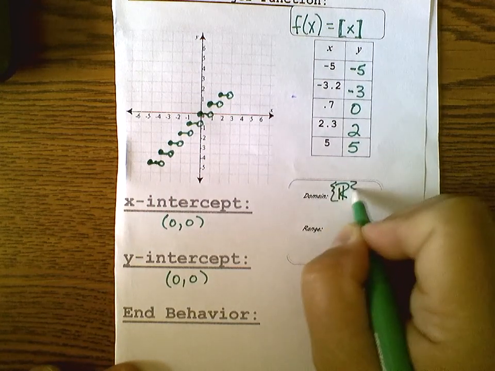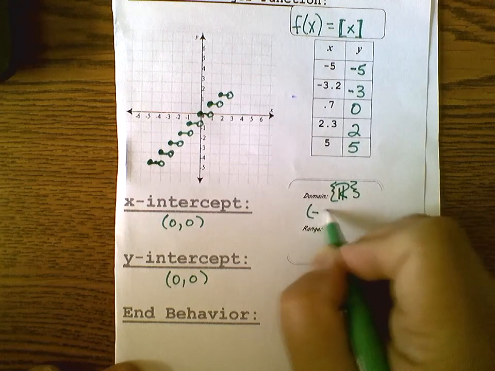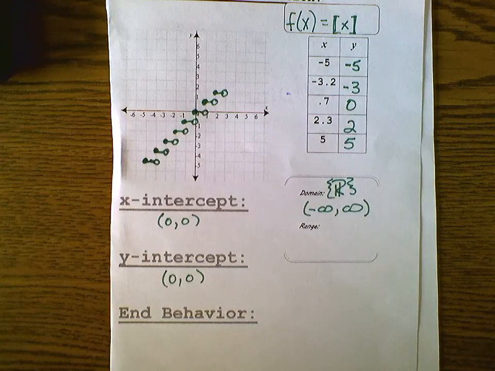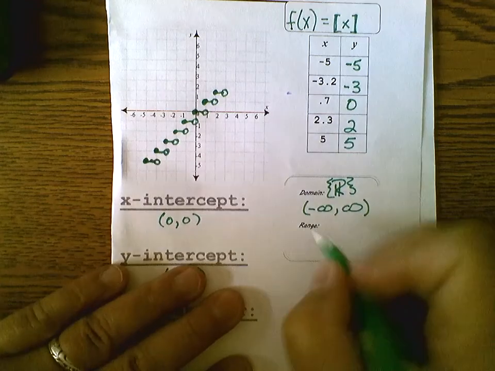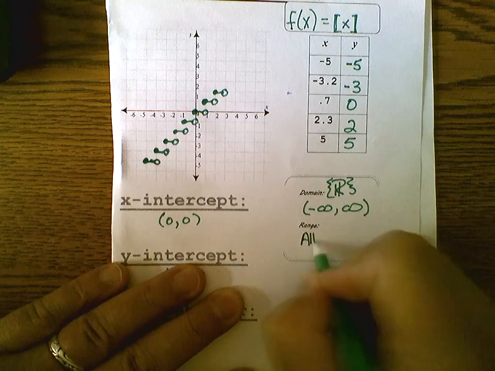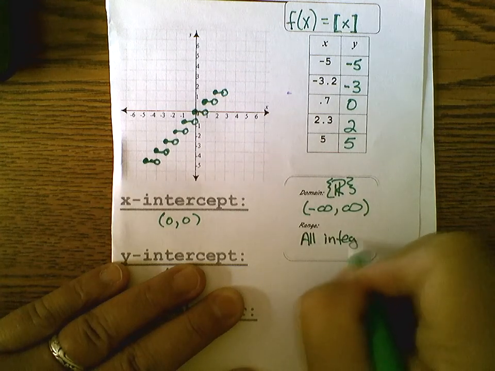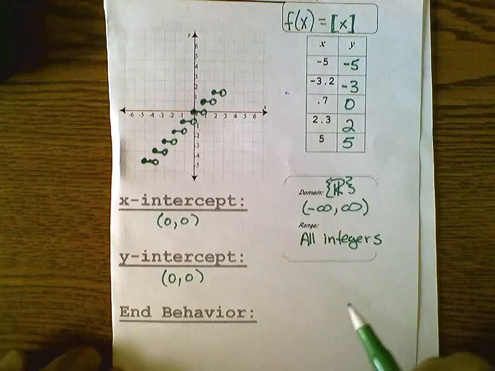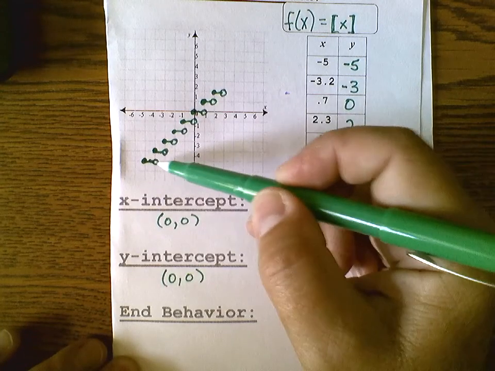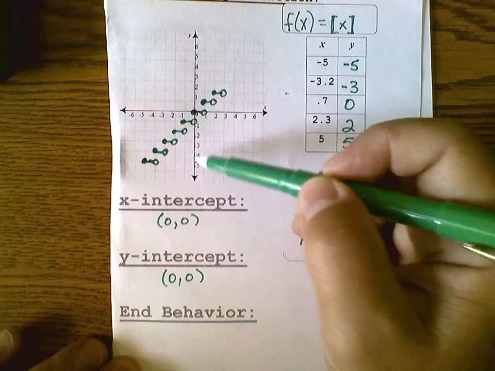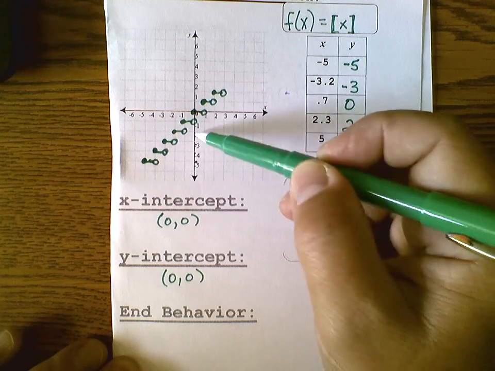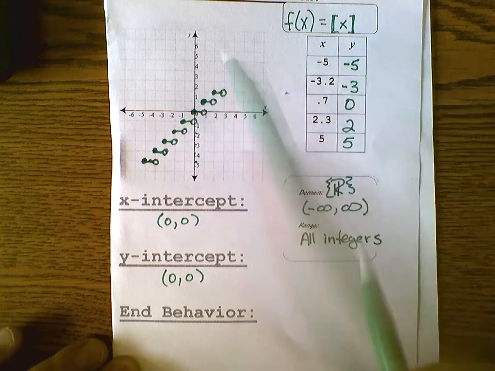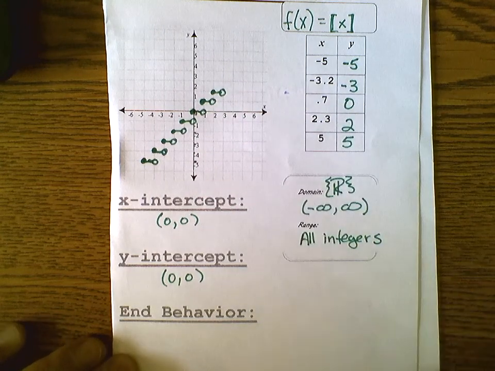So it's actually all real numbers, or -infinity to +infinity. The range is kind of weird, so we'll just put all integers. If you look, it jumps from -5 to -4 to -3 to -2. So when you look vertically up and down, there's nothing in between. So it has to be all integers.